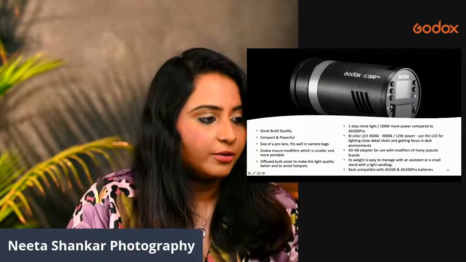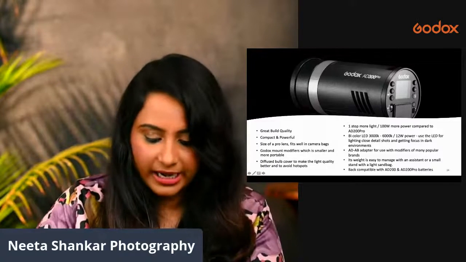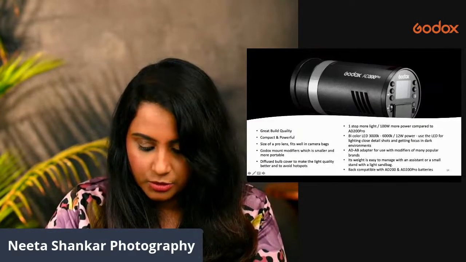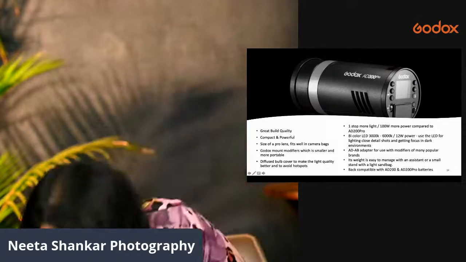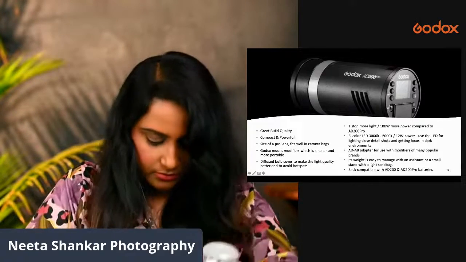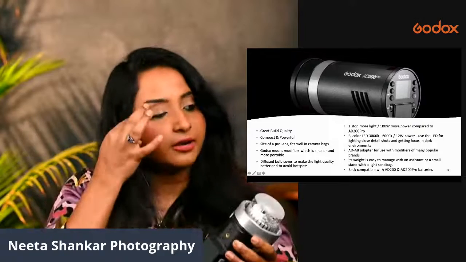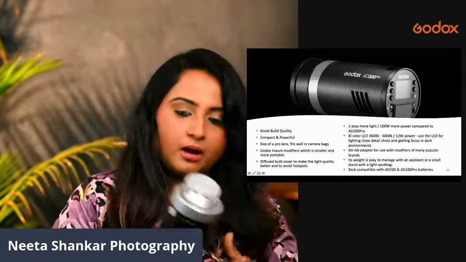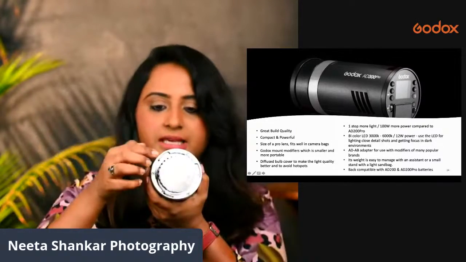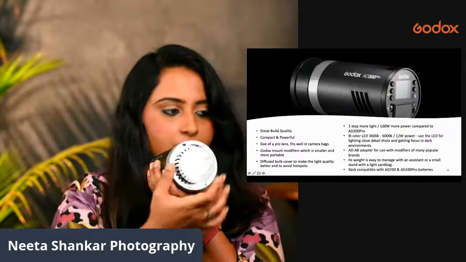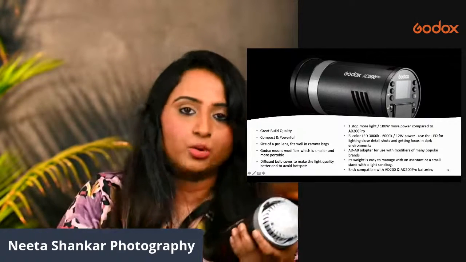And apart from that, the AD300 Pro comes with a smaller Godox mount. You can see that this mount is really small compared to a Bowens mount.